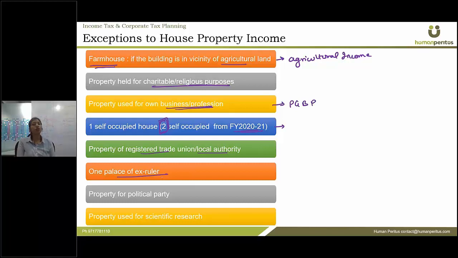But if he has more than one palace, then he will have to calculate house property income. Property for a political party, property used for scientific research. In all these cases, property income is not considered under the head house property. Is this clear? Okay.